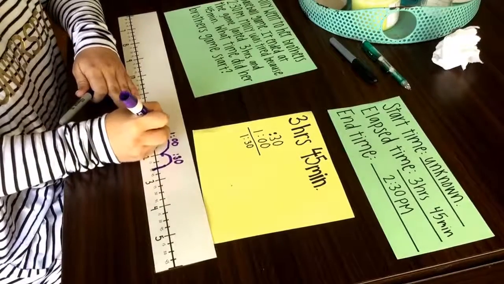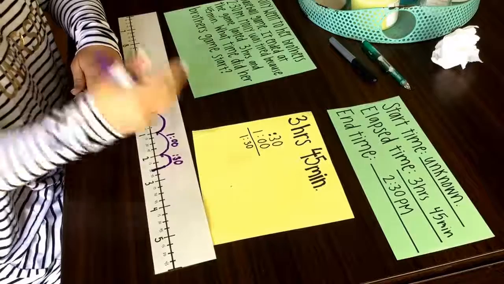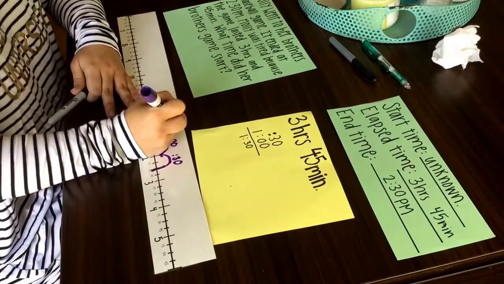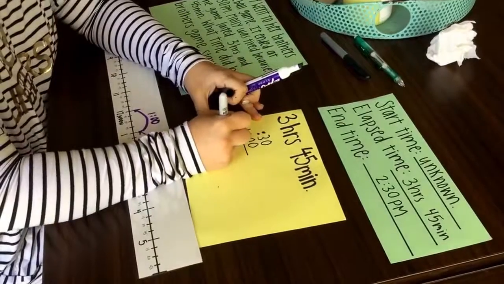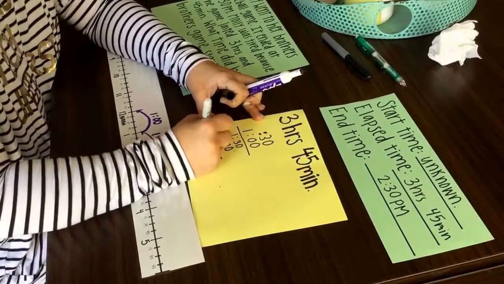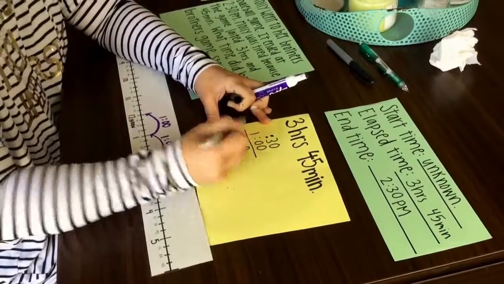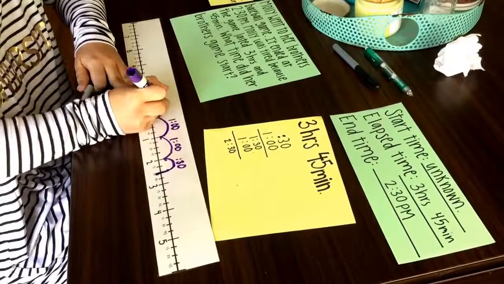The next jump we're going to make is another hour jump to get us to our noon mark. So 1 hour. So now we've jumped 2 hours and 30 minutes. The next jump we're going to make is another hour jump.